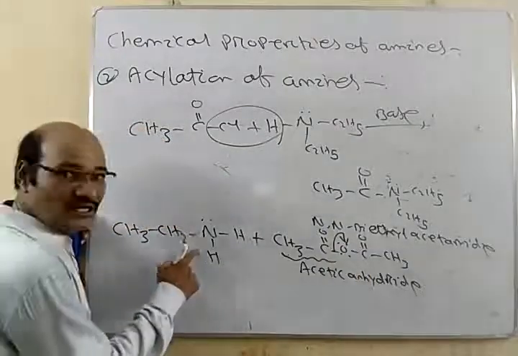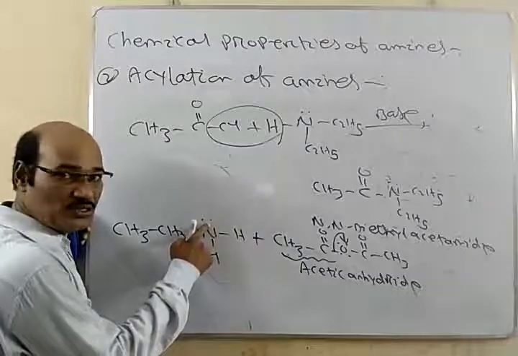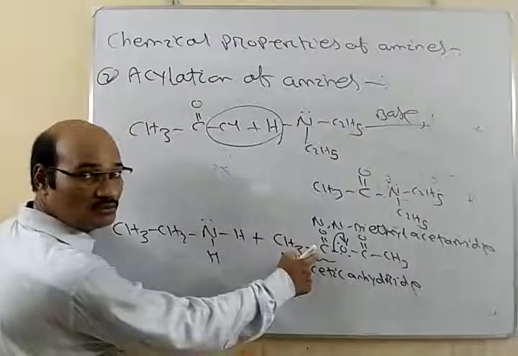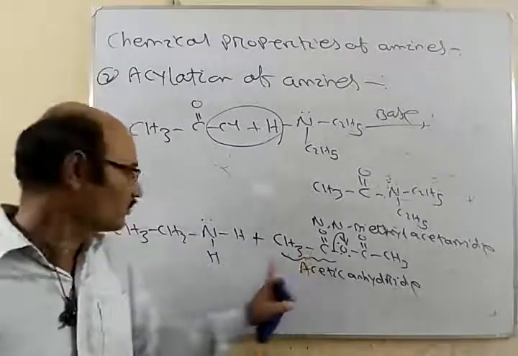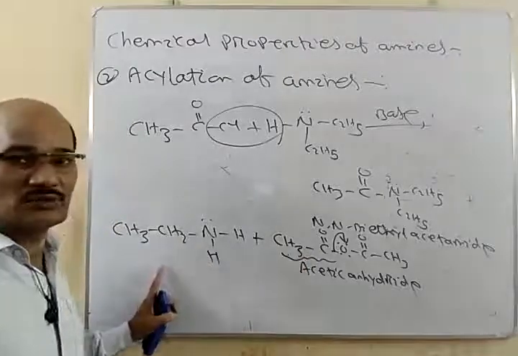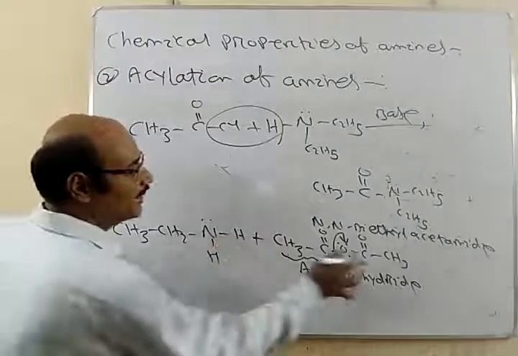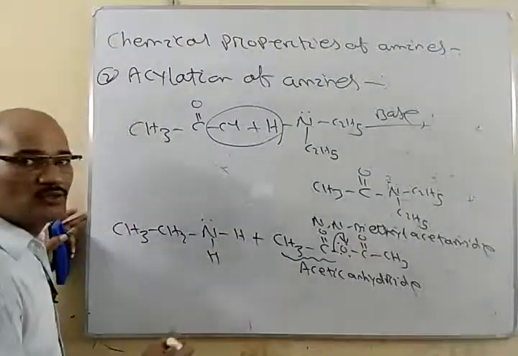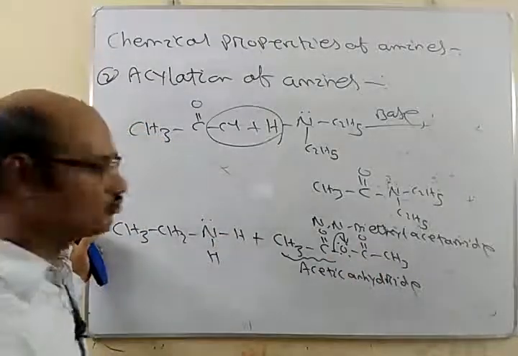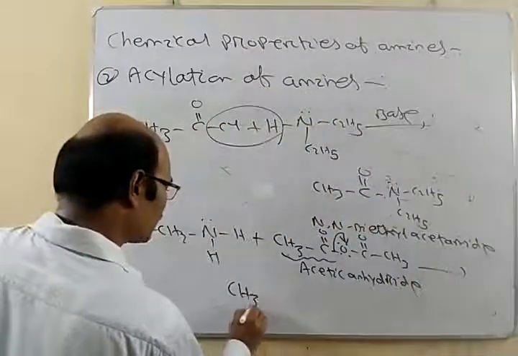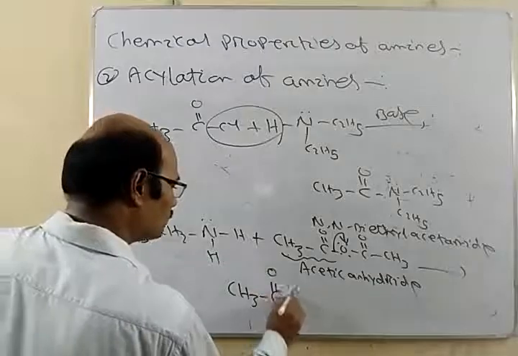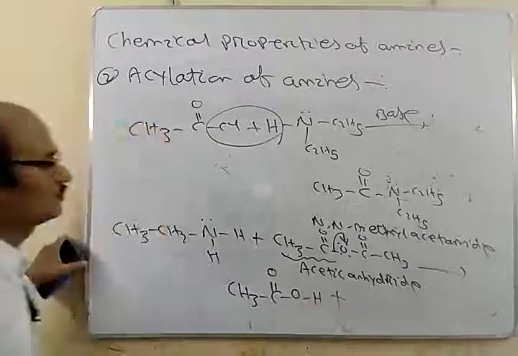Now this nitrogen atom, being electron rich, will attack this carbon. We get CH3CO, NH2 plus, and this H plus and CH3COO minus will give CH3COOH, acetic acid.